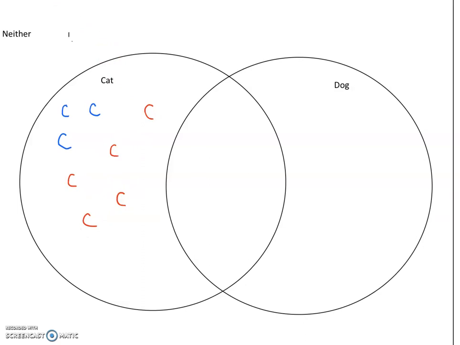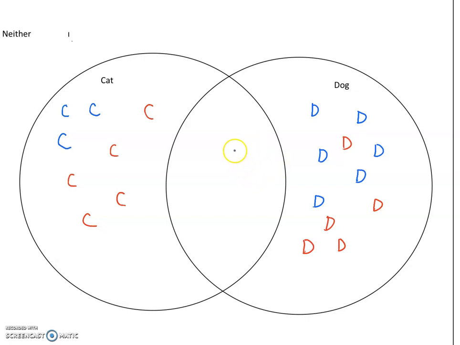Okay. For the households that have dogs, we have 6 households that have a boy child and only a dog for a pet. And we have 5 households with girls that have only a dog for a pet.